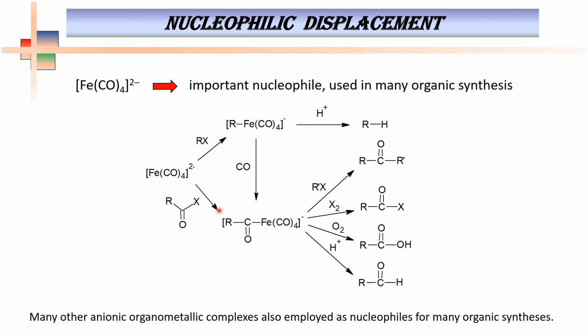So this step is basically the nucleophilic displacement, which subsequently, on reacting with different substituents, gives a variety of organic components which are in general sometimes very difficult to produce through normal organic synthesis.